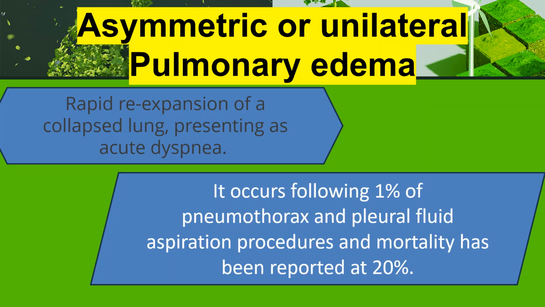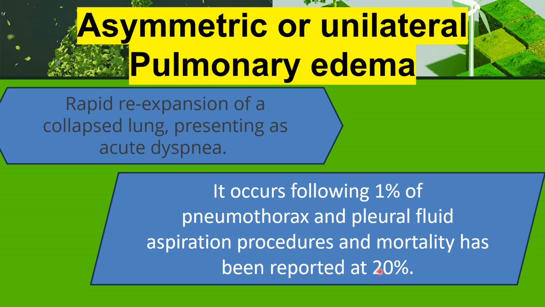Here we will also discuss another form of non-cardiogenic pulmonary edema: asymmetric or unilateral pulmonary edema due to rapid re-expansion of a collapsed lung, and the patient can develop acute dyspnea. Usually it occurs in about 1% following pneumothorax and pleural fluid aspiration procedures, and unfortunately mortality can reach up to 20%.